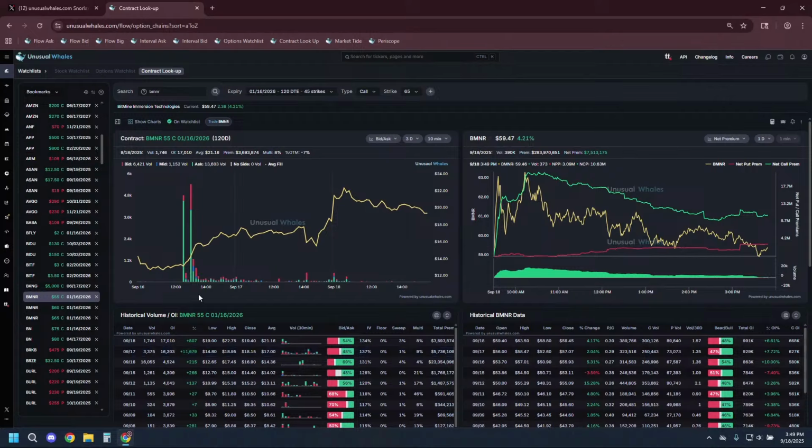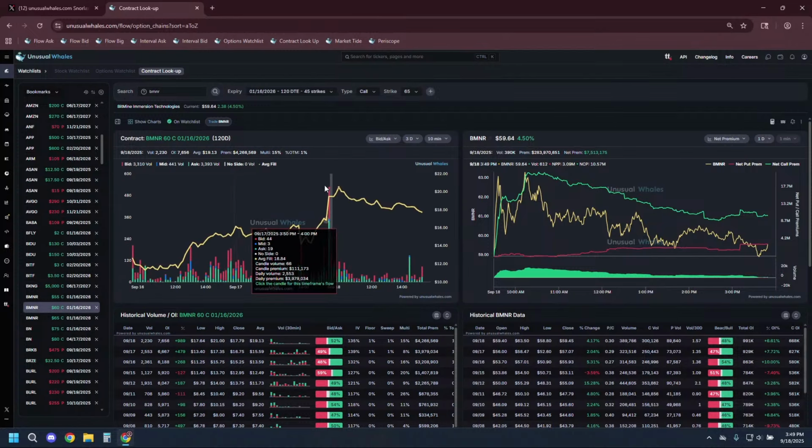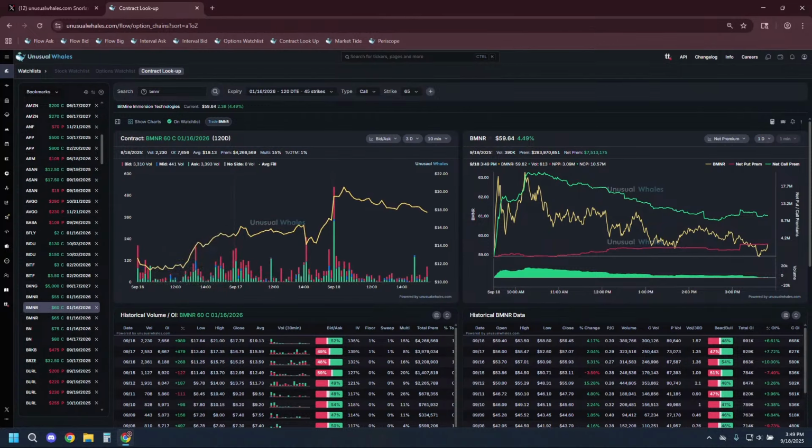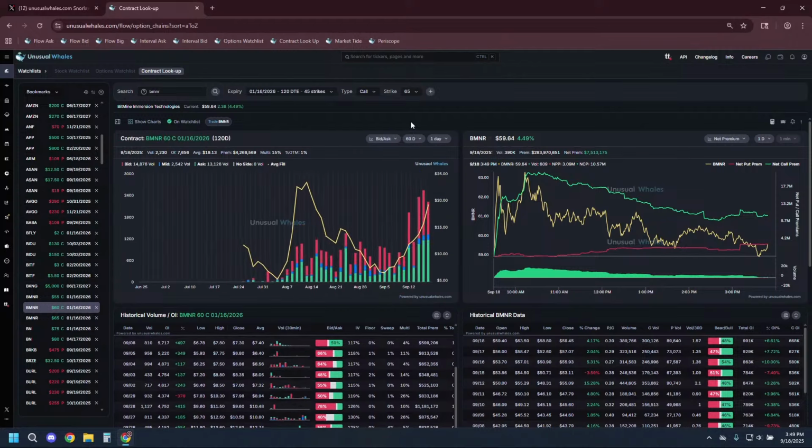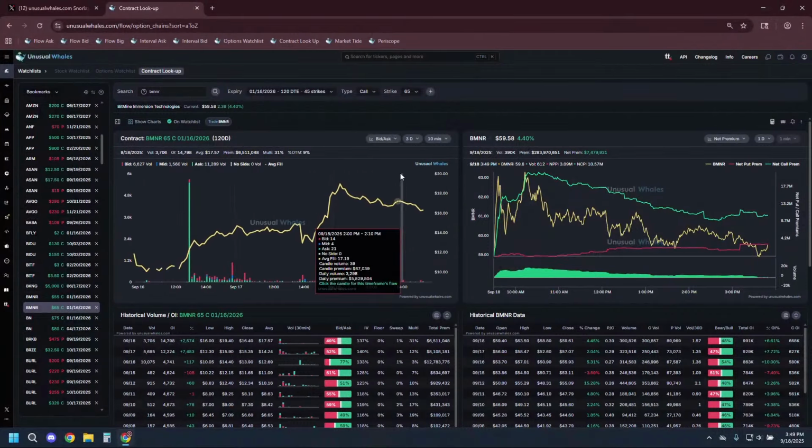No large volume to accommodate them exiting. No large decrease in open interest to suggest that they've exercised. So this specific flow is still holding. The 60, don't see anything. How far back do we have to go? Yeah, I'm not seeing anything on the 60. How about the 65?